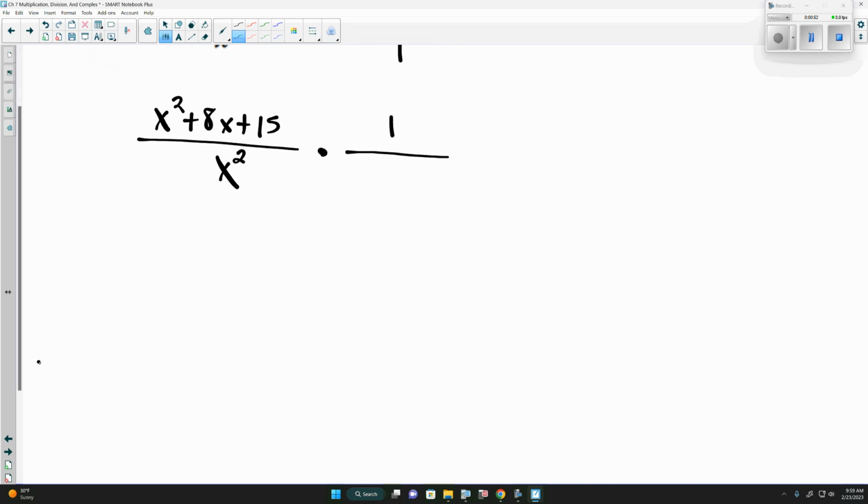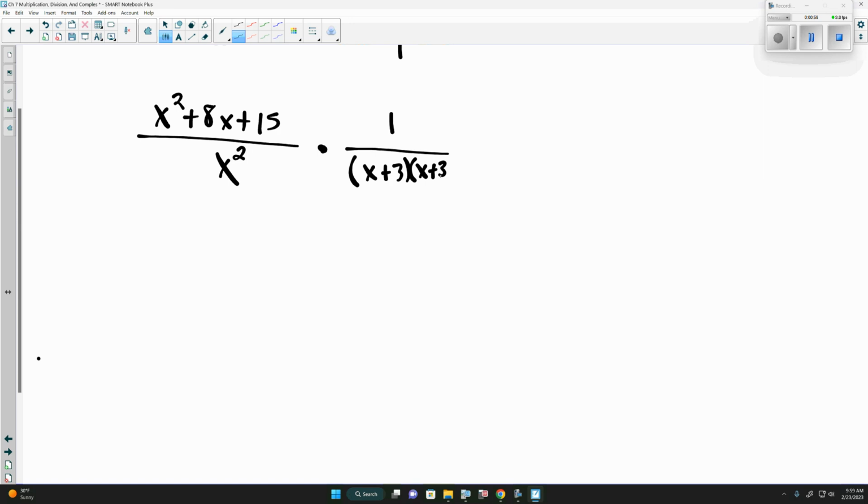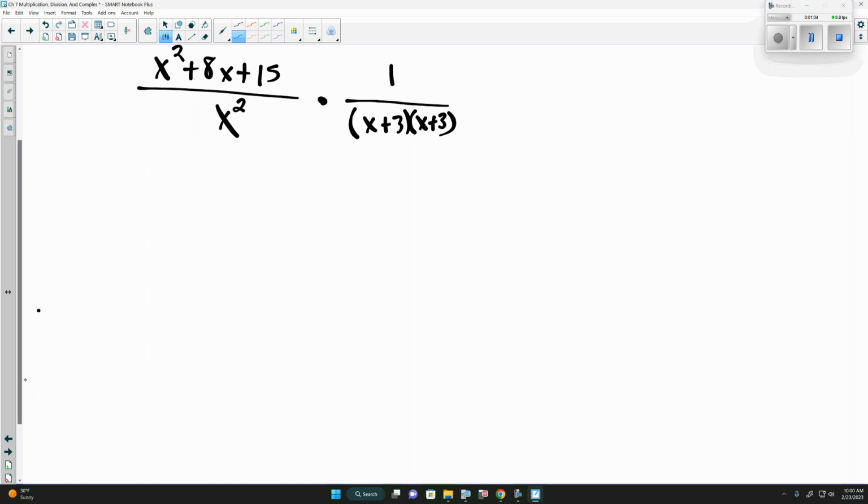Now, the second term, we can leave it as x plus 3 squared, or we can say that it's x plus 3 times x plus 3. Either one's going to be the exact same thing.